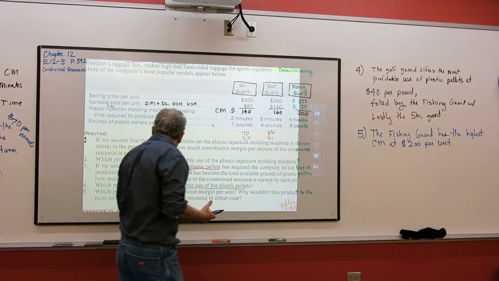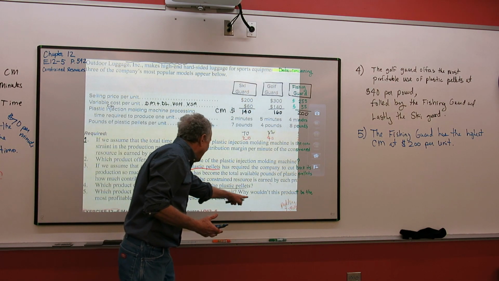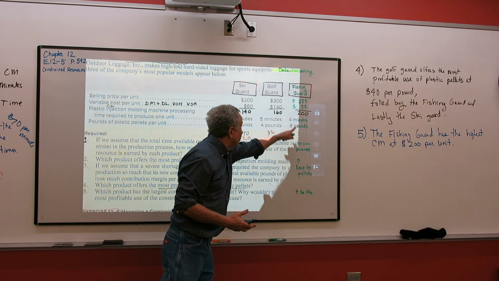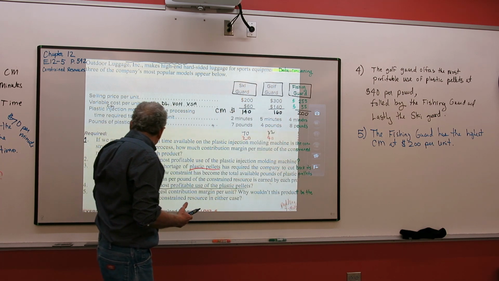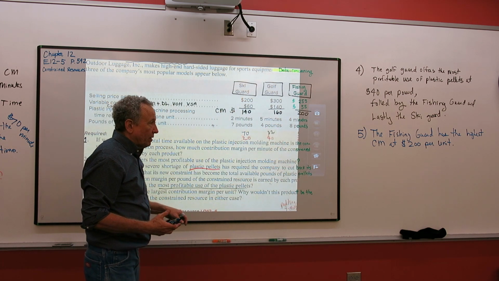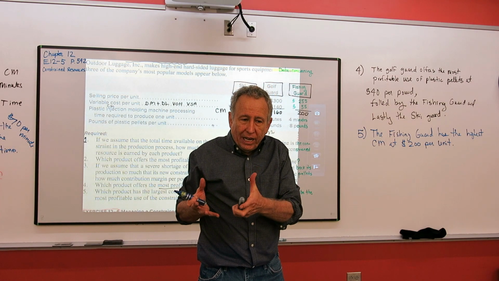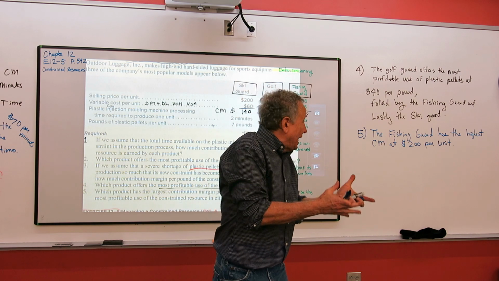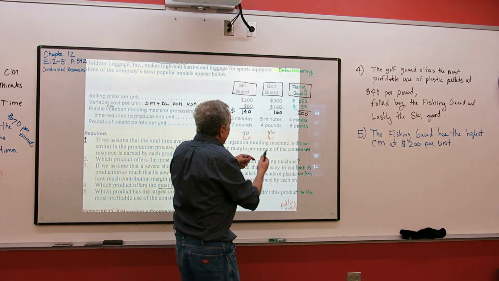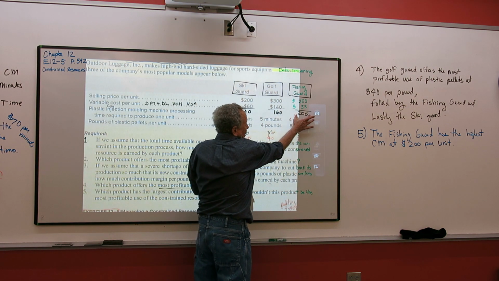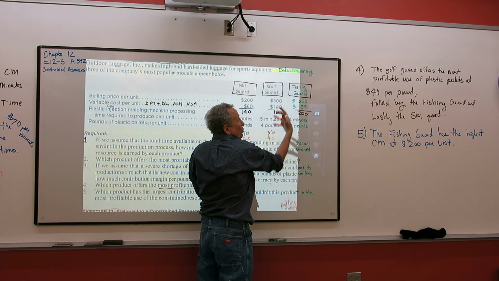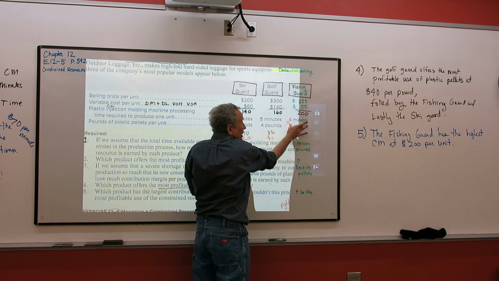Why wouldn't the fishing guard offer the most profitable use? Well, there's been a change. We now have a constrained resource. This was most profitable relative to having the capacity, but now we don't.